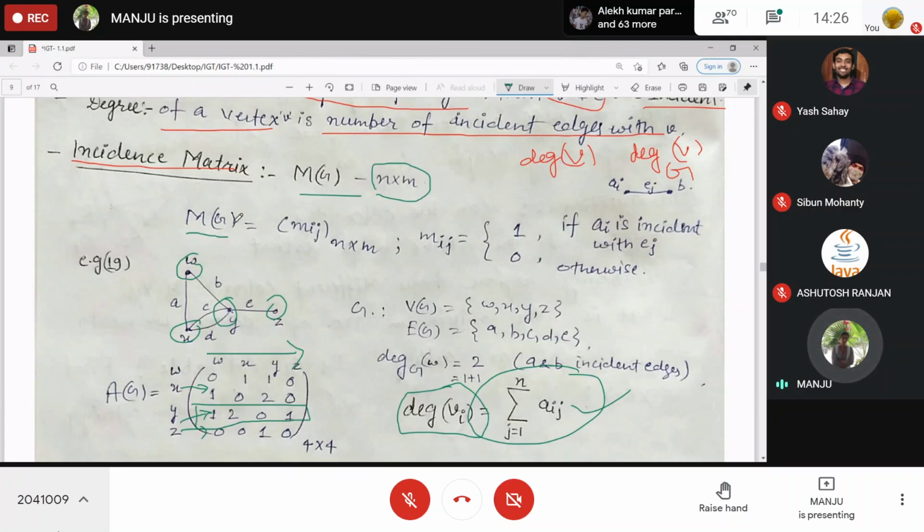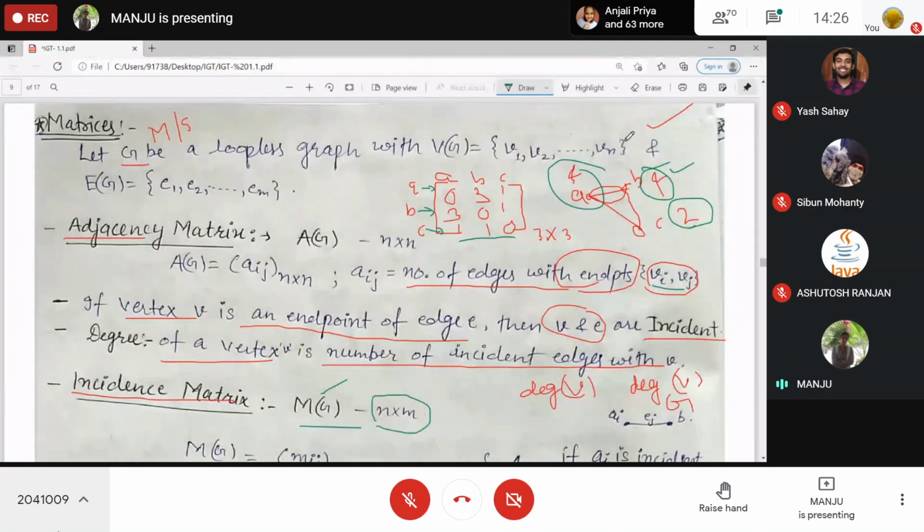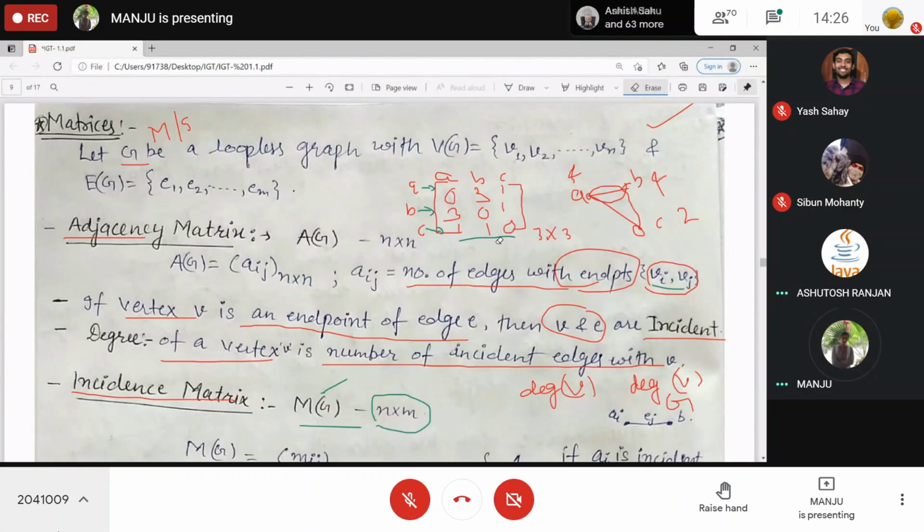So here you have the incidence matrix denoted by M_G, entries m_ij, n by m. So for this graph, what is the order of the incidence matrix? 3 cross 5.